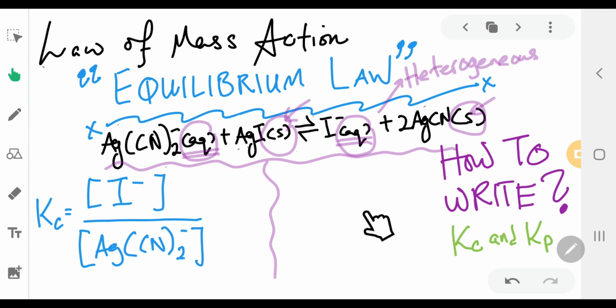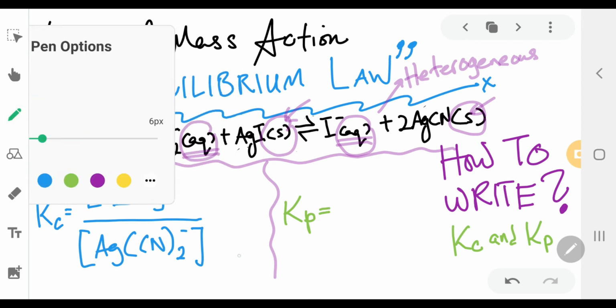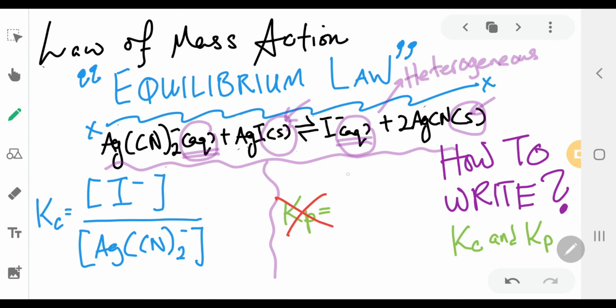Now, what about Kp? In the case of aqueous, we do not have Kp for aqueous. Okay, because you only have aqueous over here, you have aqueous over there.